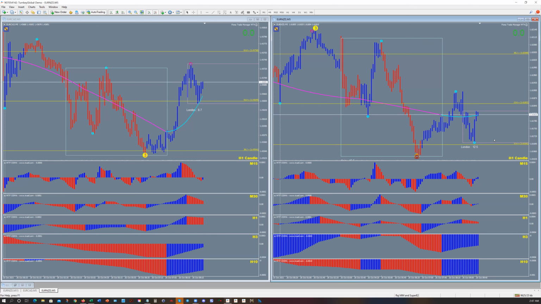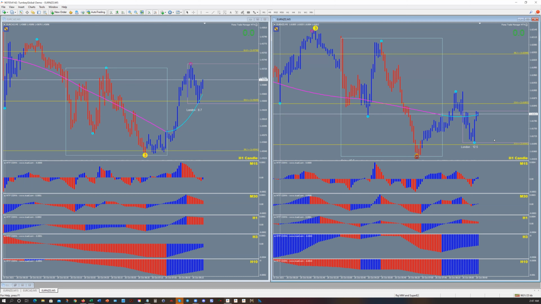It all depends on whether I want to take add-ons or not. If I'm taking add-ons, I don't like trading more than 2 pairs, because I can't manage my add-ons on 6 pairs. I can't keep my eyeballs moving across 6 pairs to see where the add-on is coming.